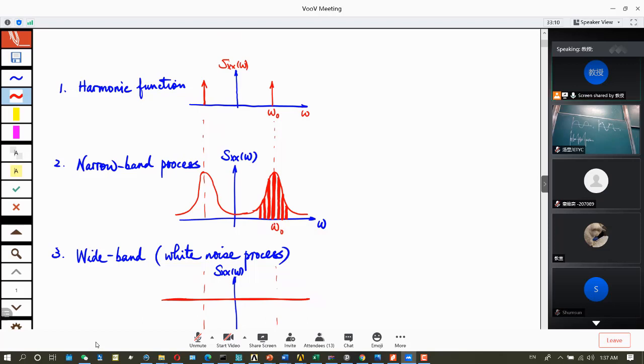So we have frequency components omega 0, a little bit less than omega 0, some more than omega 0, and so on. So you can approximate this as having a few frequency components.